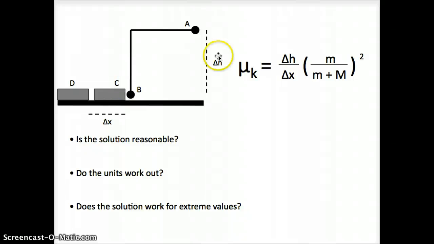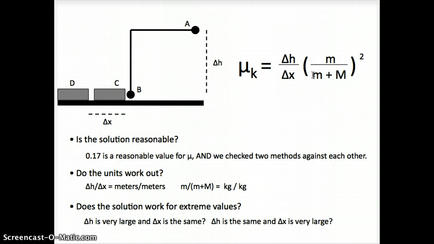We know that the kinetic friction coefficient is unitless, so we need to make sure that this value here is also unitless. I see something that would be measured in meters divided by something else that would be measured in meters. I see something measured in kilograms divided by something else measured in kilograms. So my meters cancel out, and the kilograms cancel out, and we end up with something that is indeed unitless or dimensionless.